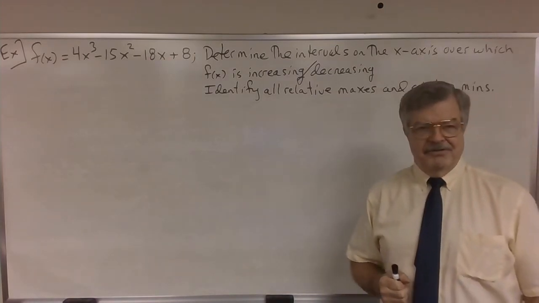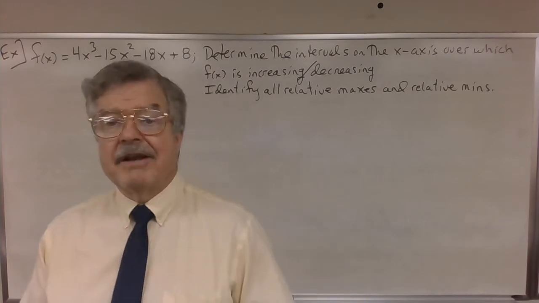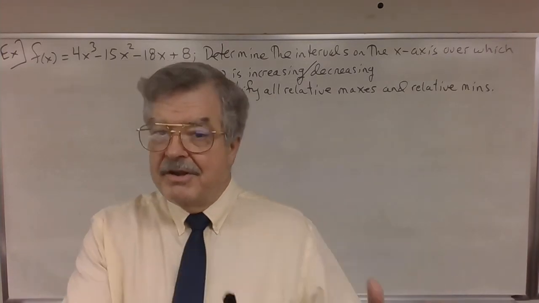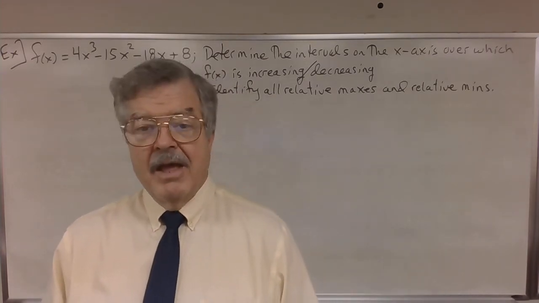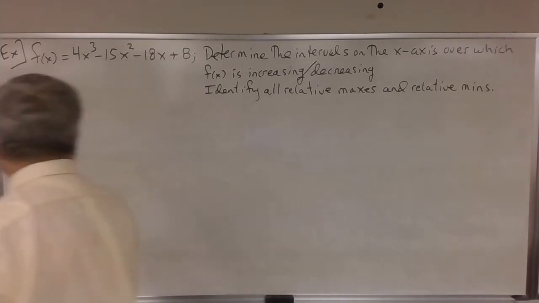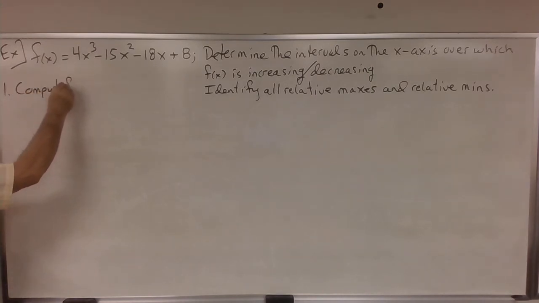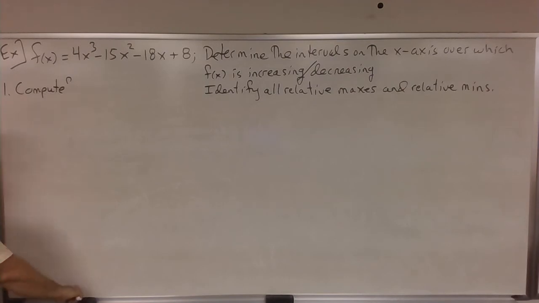First step, what is it? Compute the derivative, right? Because that tells us increasing and decreasing for f of x, and that's also where we get our critical numbers. You know, there used to be an E in the word compute.